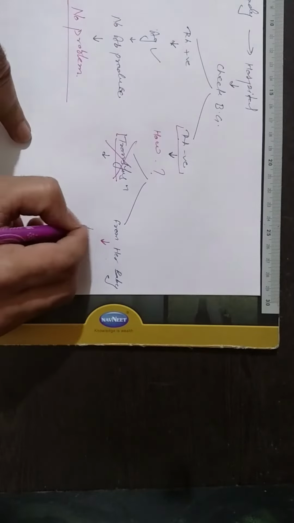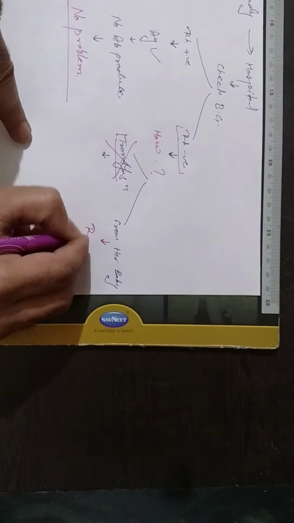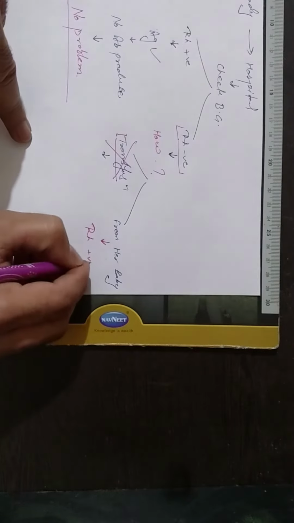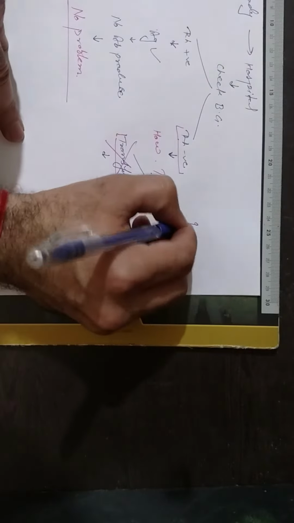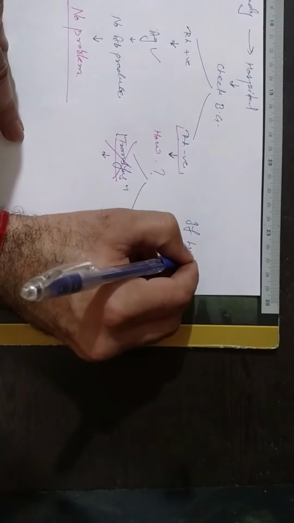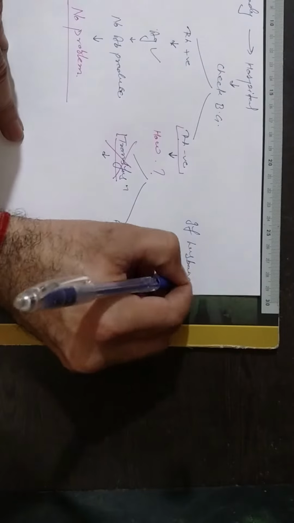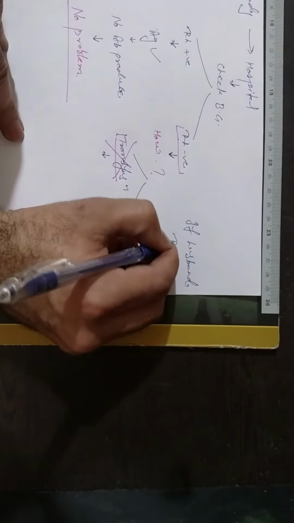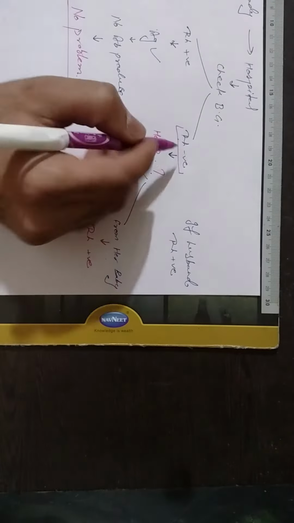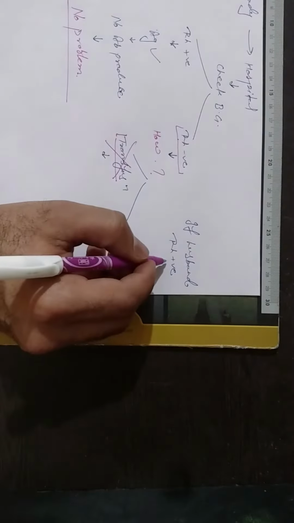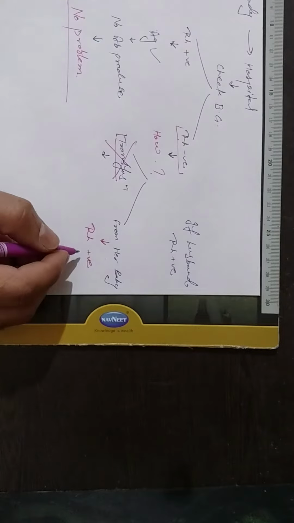How will the baby be Rh positive? Mother is Rh negative, and we are saying baby is Rh positive. How is it possible? It is possible only if the husband was Rh positive. She is negative. If her husband was negative, baby cannot be positive.